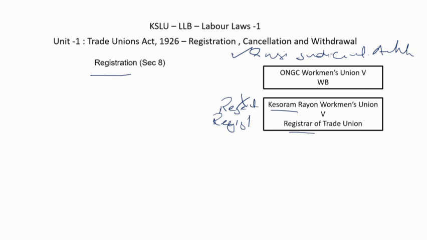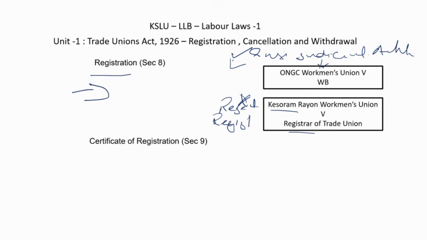This was held in the case of ONGC Workman Union versus West Bengal. So two important points with respect to section 8 on registration. Once the documents are all clear as per the Trade Union Act 1926, the registrar has to give a registration certificate. He cannot put any hold on that. And the registrar is not a quasi judicial authority, as held in the ONGC Workman Union versus West Bengal case.